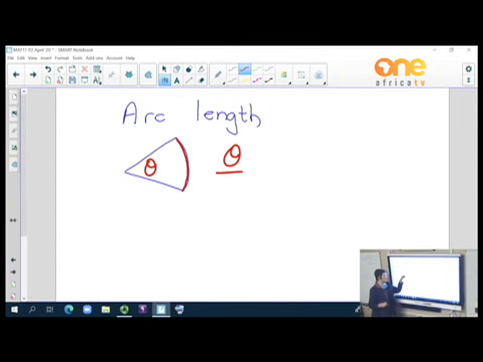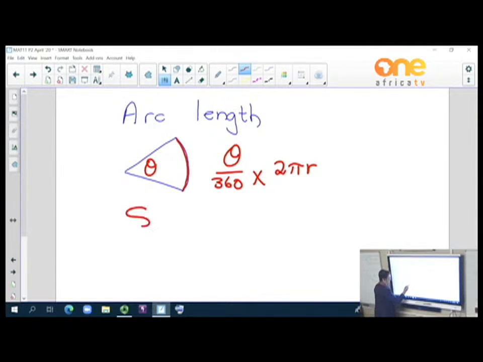How many degrees do we have in a revolution? Right around here? 360. That's right. So theta over 360 of the circumference, because the arc length is part of the circumference, so of 2 pi r. And that's your formula there for that arc length. Theta over 360 of 2 pi r.